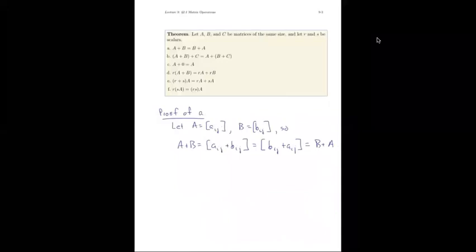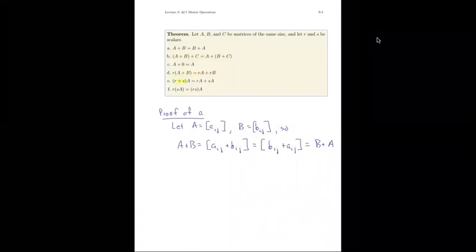So, some properties of matrices. We have commutativity of addition: A plus B is equal to B plus A. We have associativity of addition: A plus B and then add C is the same as adding B and C first and then adding A. A plus 0, this is the 0 matrix, is equal to A. R times A plus B, we can distribute scalar multiples times sums of matrices to get RA plus RB.